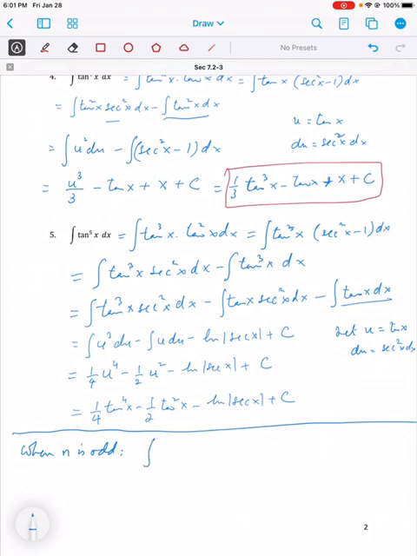So if we have the integral of tangent to the n x dx and n is odd, so it will be 1 over n minus 1 tangent of n minus 1 x. So when n is odd, we are looking at example 5 here, not at example 4.